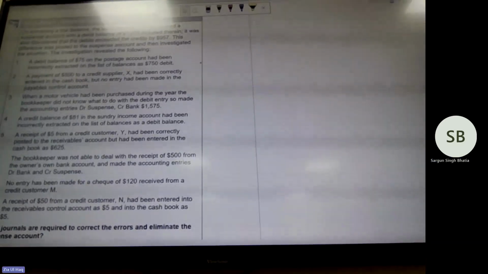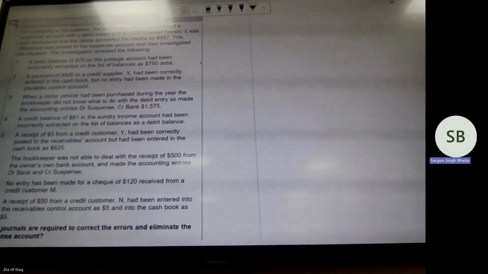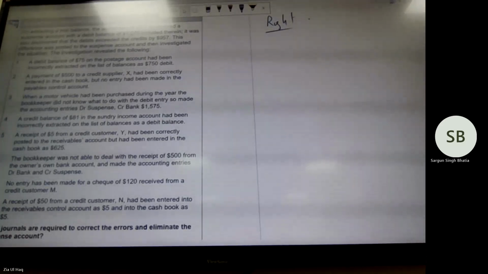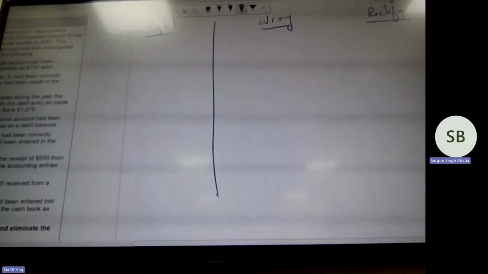First, we need to correct the errors. How can we correct the errors? By making three columns: right, wrong, and rectify.